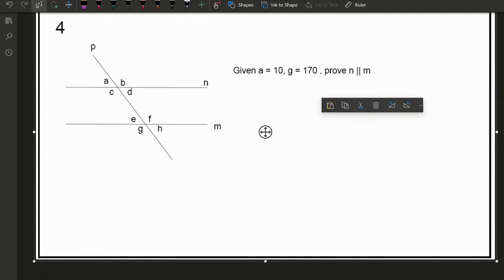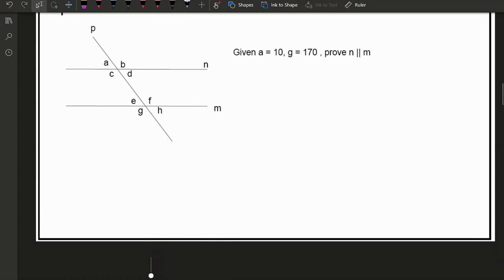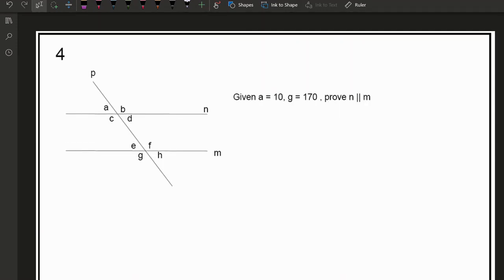If A is 10 and G is 170, prove that N is parallel to M. So let's go ahead and fill that in. A is 10 and G is 170. I'm looking at the relationship between A and G right now, and those would be consecutive exterior angles. So what I would say here is, step 1, A equals 10, G equals 170, that is given.